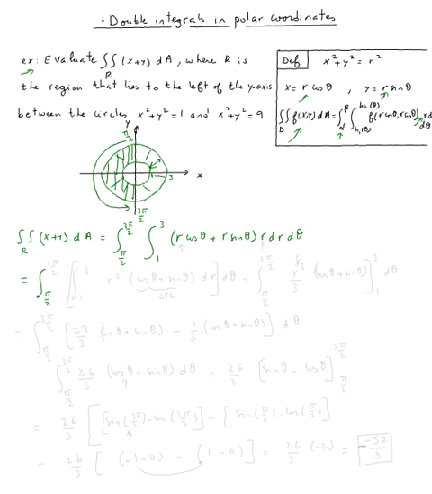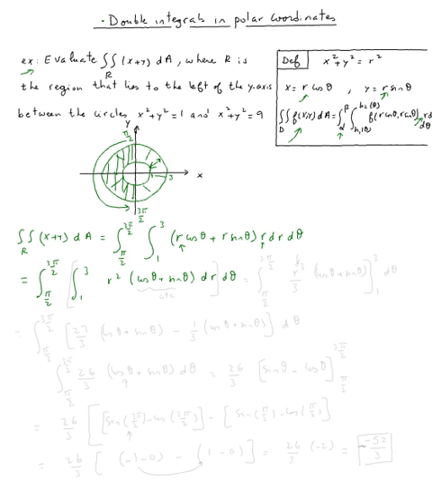We need to go from pi over 2 to 3 pi over 2. Well, let me factor the r, it's just easier. So if I factor the r and there's another r, that would be r squared times cosine theta plus sine theta, dr d theta.